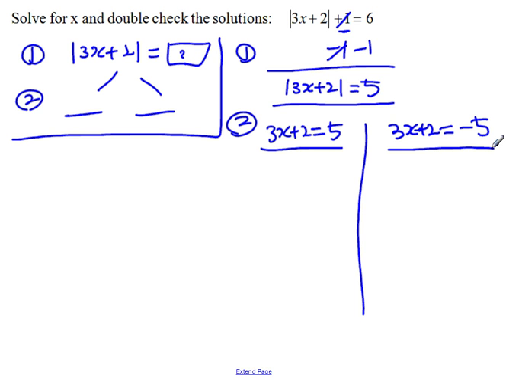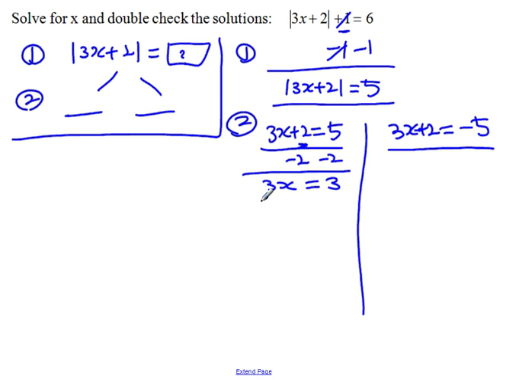We isolate the variable x. So we solve them, the left one first. To isolate x, we have to remove this term, 2, so we subtract 2 from both sides. So we get 3x equals 3.